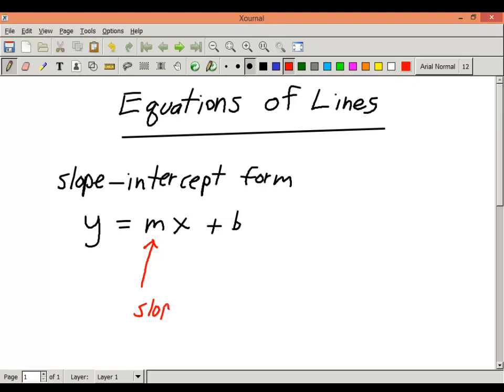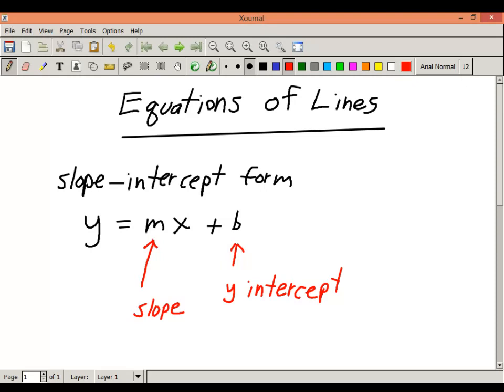Remember, m stands for slope. And the b is the y-intercept, and so remember that that's where your line will cross the y-axis. I don't know why it's called b either. So hopefully you had that already in Algebra 1 or maybe even in Algebra 2.